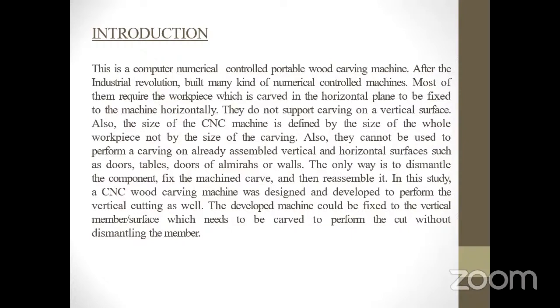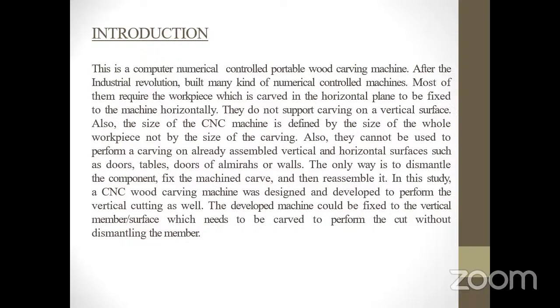Also, the size of the CNC machine is defined by the size of the whole workpiece, not by the size of the carving. Also, they cannot be used to perform carving on already assembled vertical and horizontal surfaces such as doors, tables, doors of almirahs or walls. The only way is to dismantle the component, fix the machine, carve, and reassemble it.